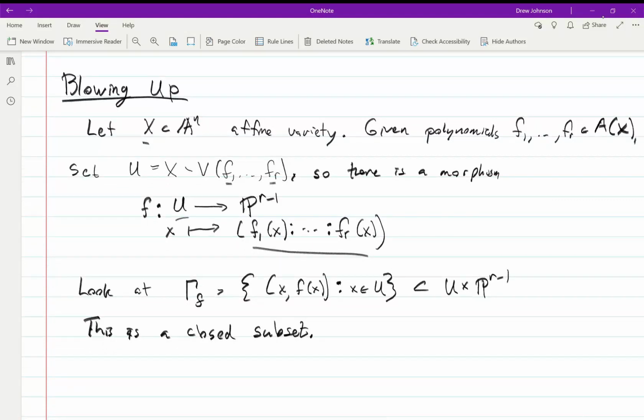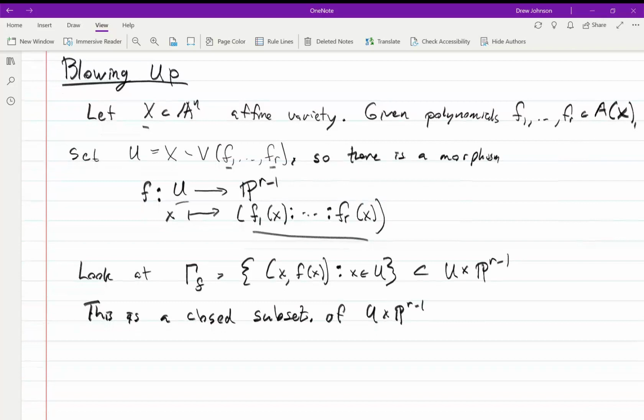It's closed in U cross P^(r-1), but it might not be closed in X cross P^(r-1). So that's going to be our definition here.